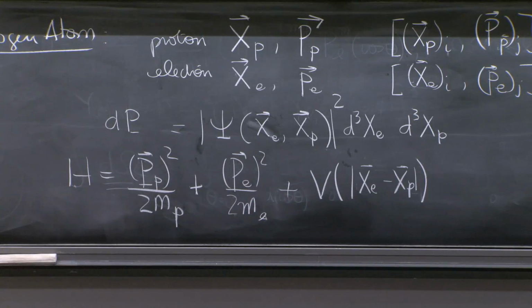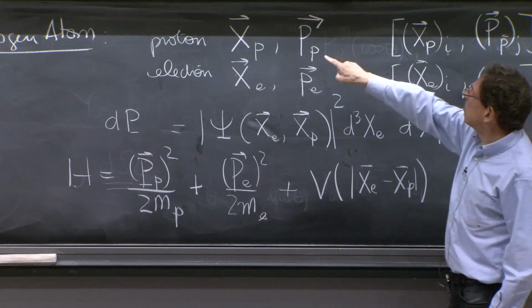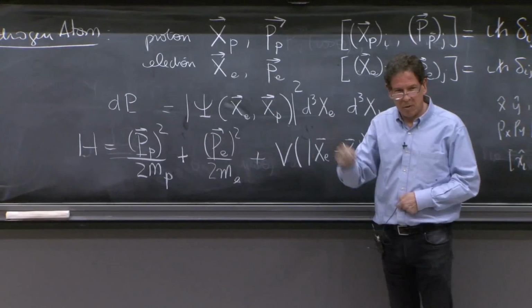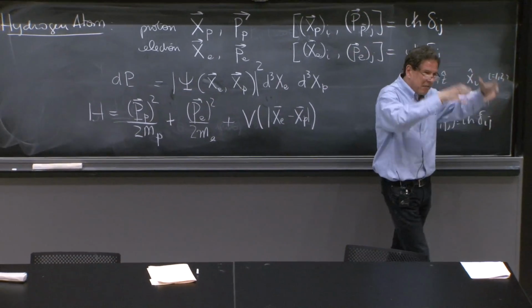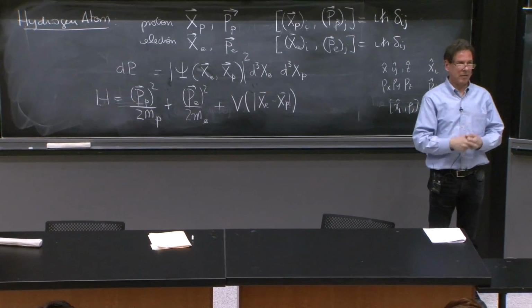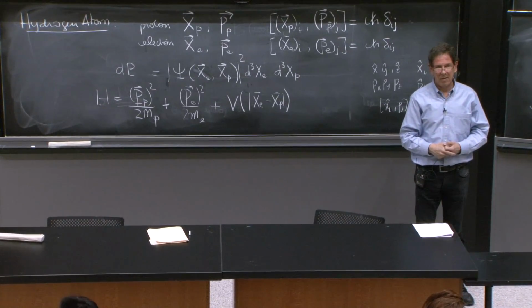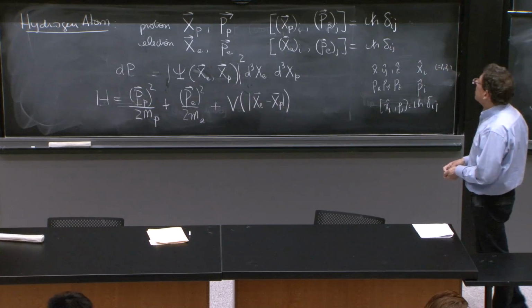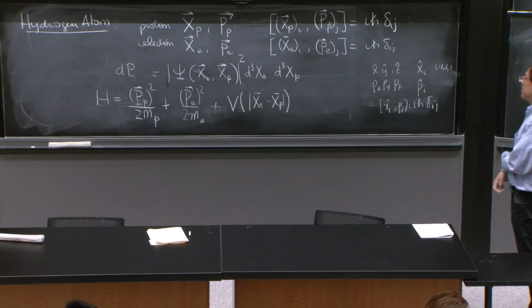And then you can write a differential equation, the Schrödinger equation. And the p of the proton would be thought of as d/dx of the proton. And the p of the electron would be like d/dx of the electron. And that differential equation would make sense. So what is our problem?